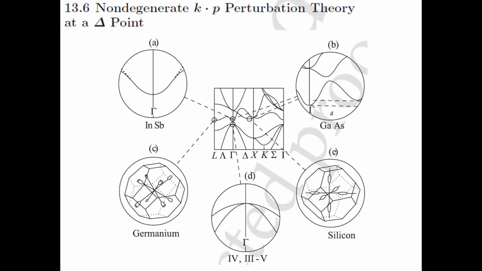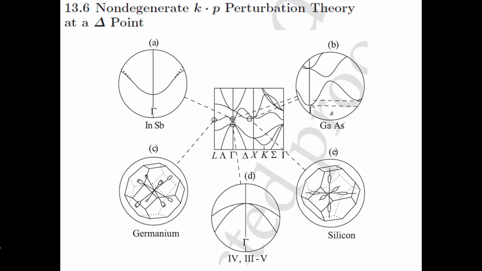All right, let me consider another important case, which is the use of k.p perturbation theory at the delta point. So why is the delta point or the delta line important? It is important because of the minimum of the conduction band in silicon, which is a very important material.